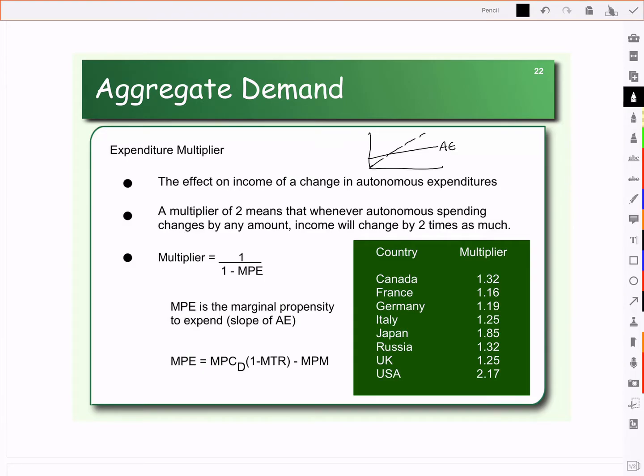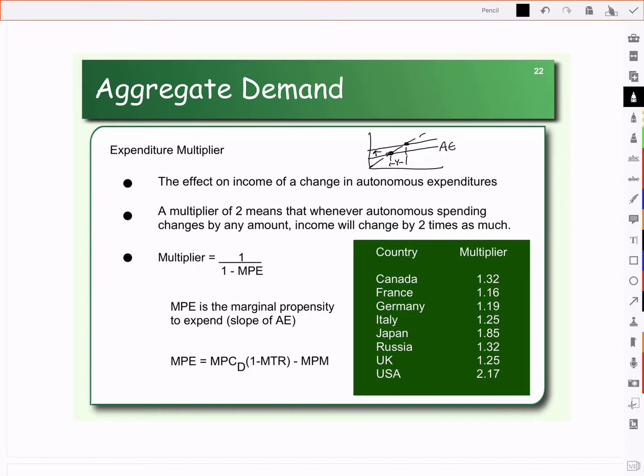If we increase autonomous spending, the aggregate expenditure graph shifts up. What kind of impact is that going to have on income?